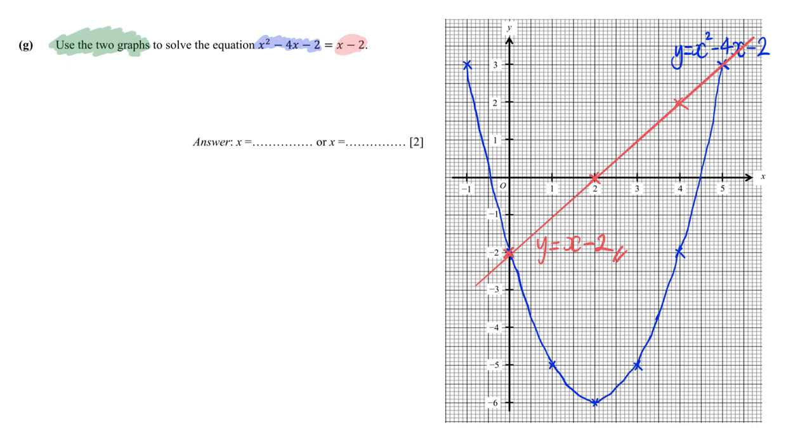Where do you think the answer is? Smart. The answer is at the intersection point. Okay, that's where the answer is. And therefore, from here, the intersection points will be x is 0, and the other point, x is equal to 5.